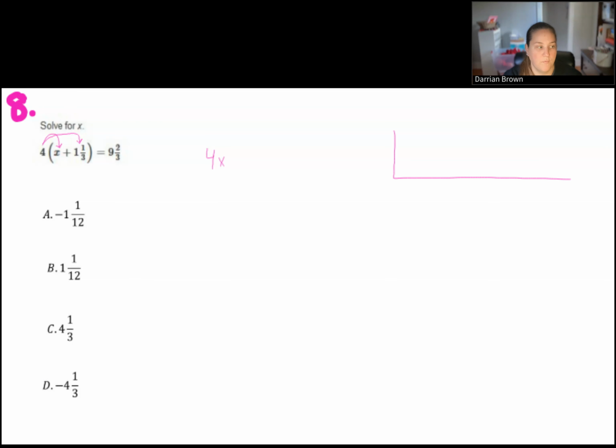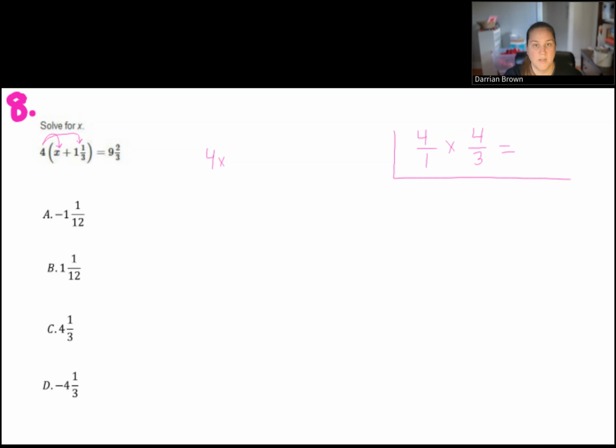So we need to make 4 a fraction to be able to multiply. So 4 is the same as 4 over 1. And we want to change 1 1/3 to an improper fraction. So to do that, you do 3 times 1 is 3, plus the numerator of 1 is 4. So 1 1/3 is the same as 4/3.